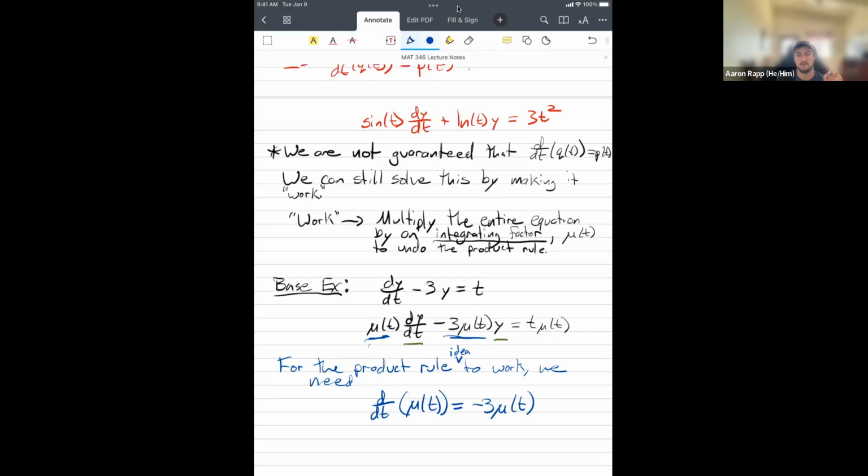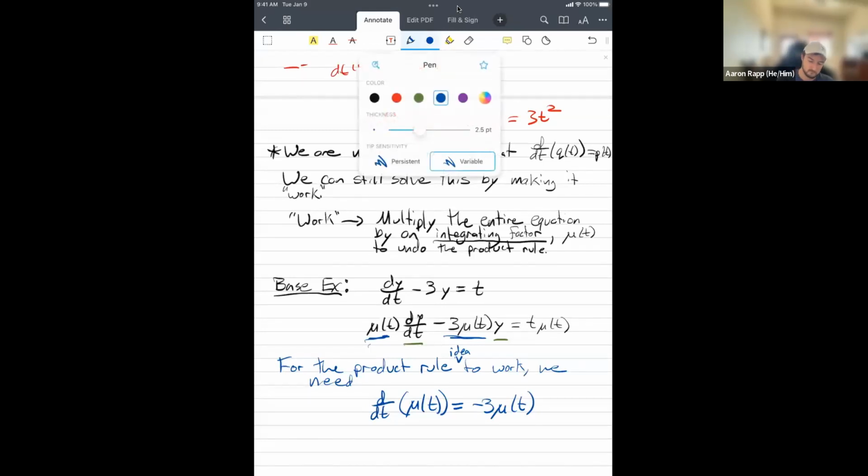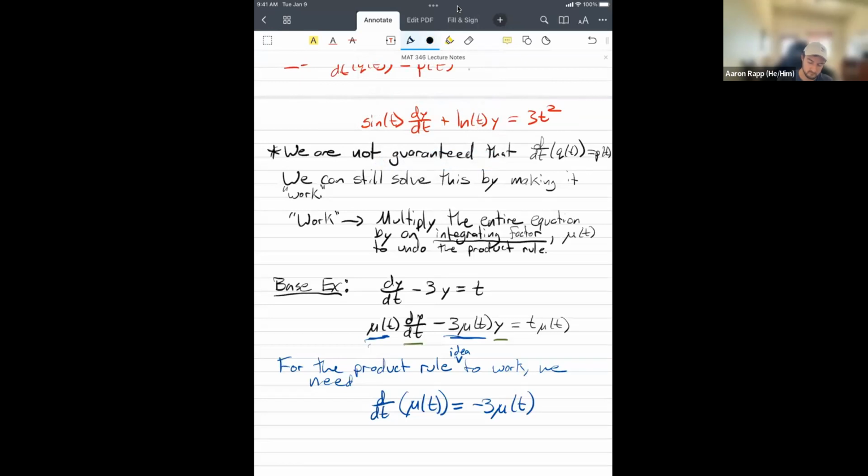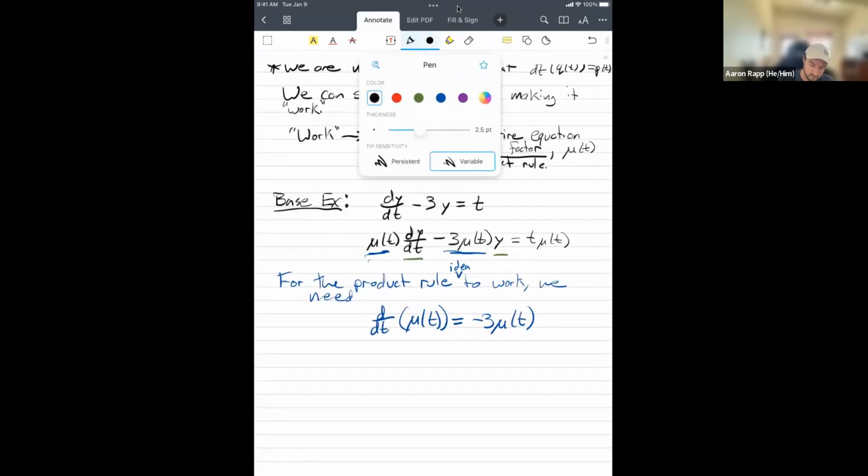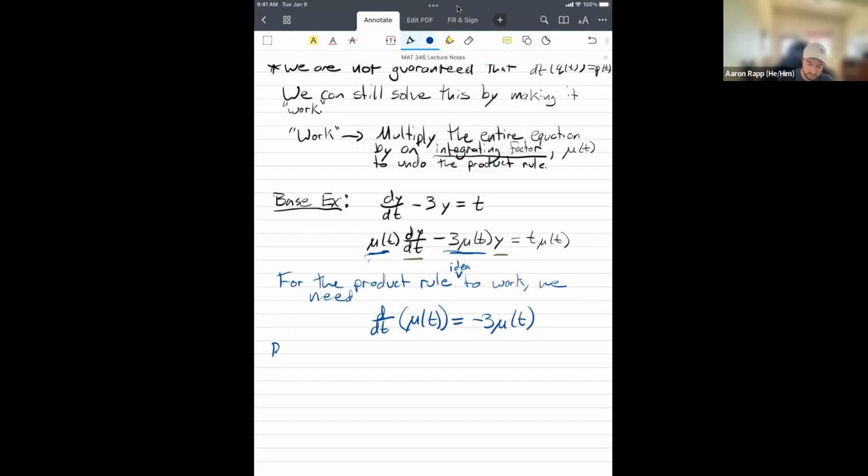Which one of those types of functions can I take the derivative of and see the original function appear in the derivative, at least in some form? What function can I take the derivative of, and its derivative is itself?